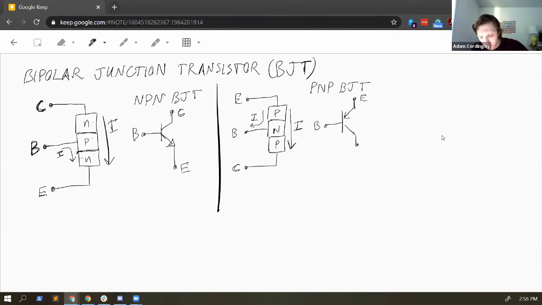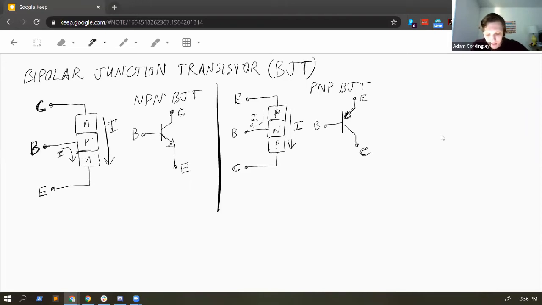And again, the side with the arrow on it is the emitter side. But this time the arrow is pointing inwards towards the device. It's funny, because the electrons are actually traveling from the N region to the P region.